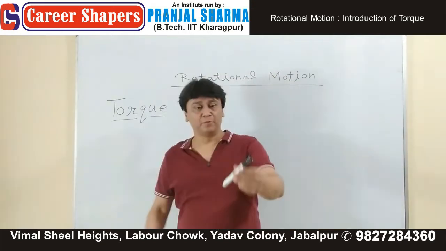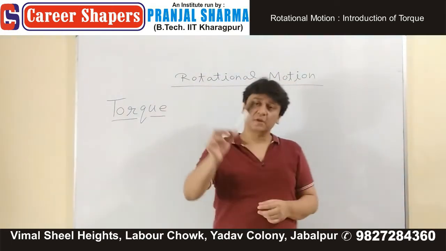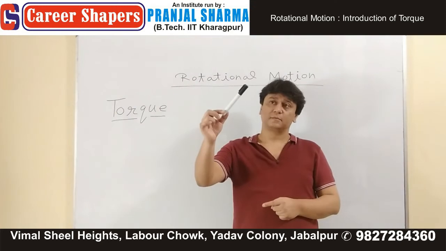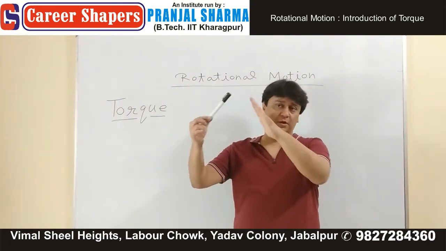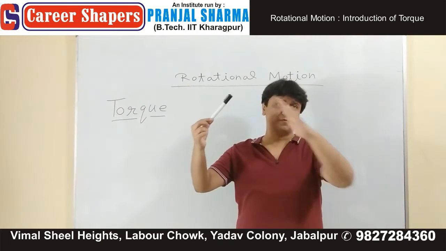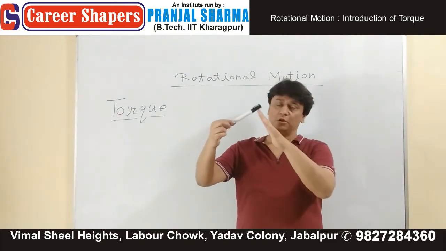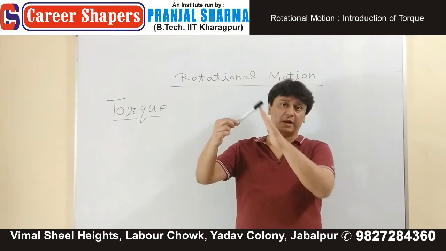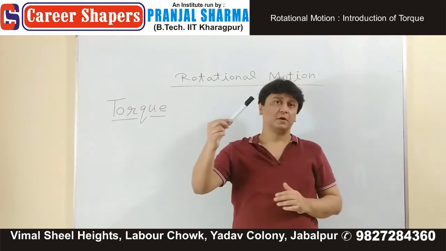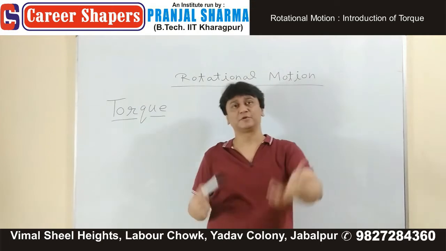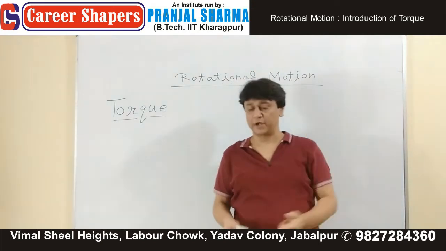Now let me prove this. This is the marker. If I apply a force on this marker over here, a force coming from my hand this way, you can see that the marker is rotating because of the force. So it seems that if force is acting on the body, then it must rotate.